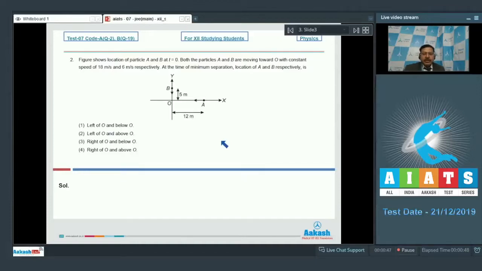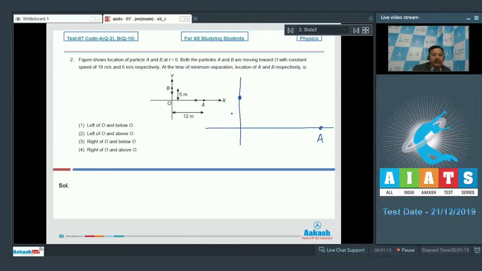So what we do is we draw velocity of B with respect to A in this diagram, and that vector passing through the position of B at time t equal to 0. So that means we have something like this. This is position of A at t equal to 0. This is position of B at t equal to 0.